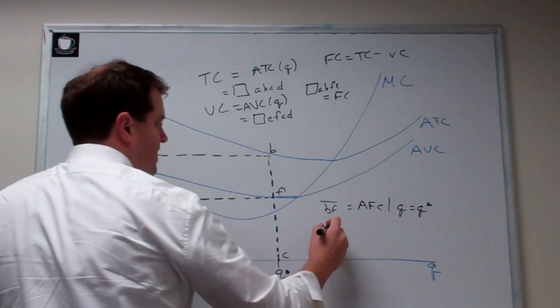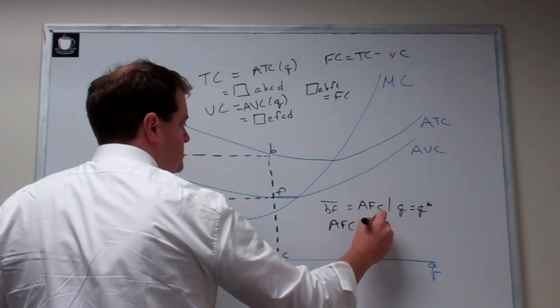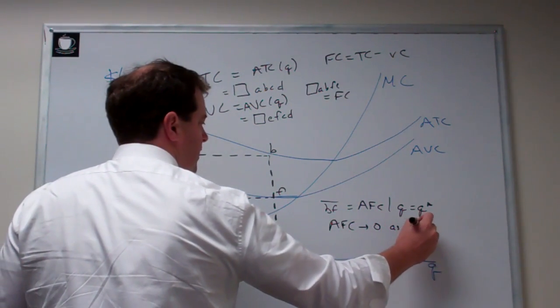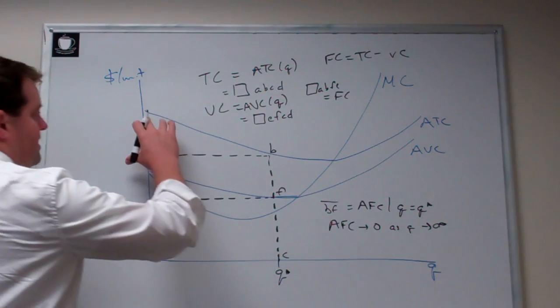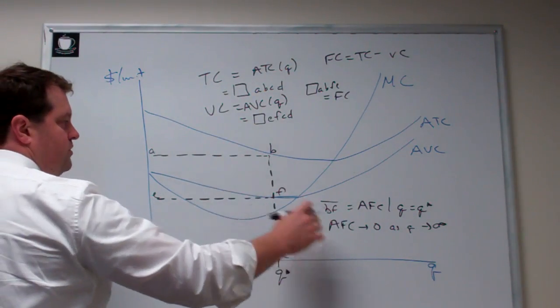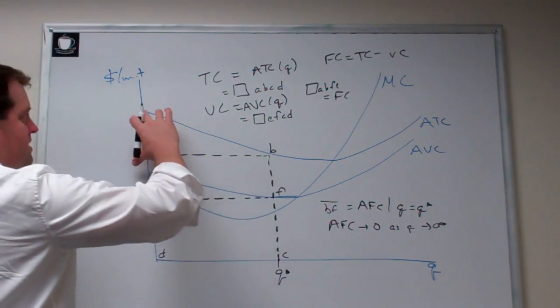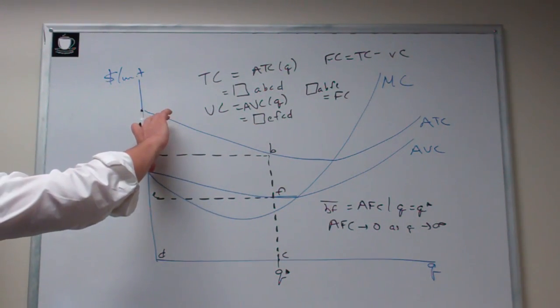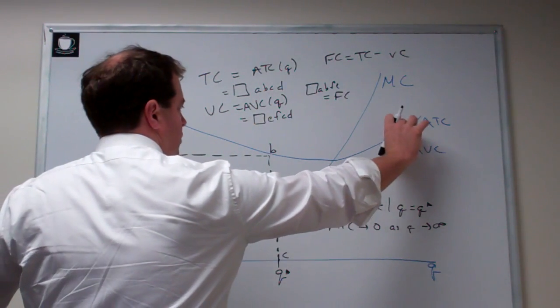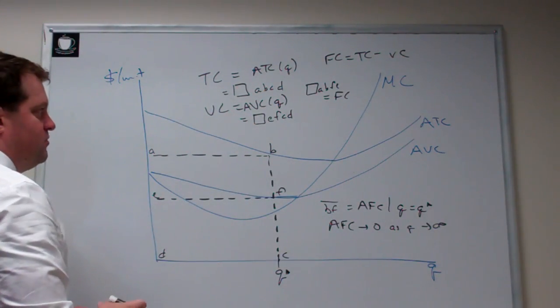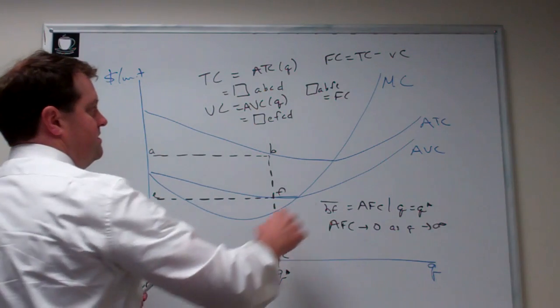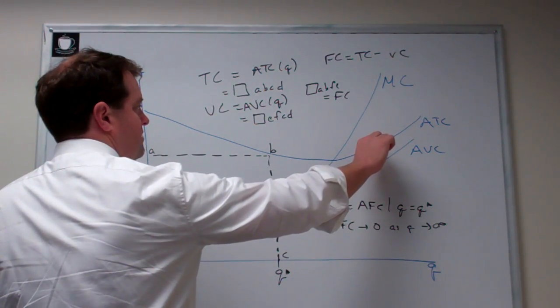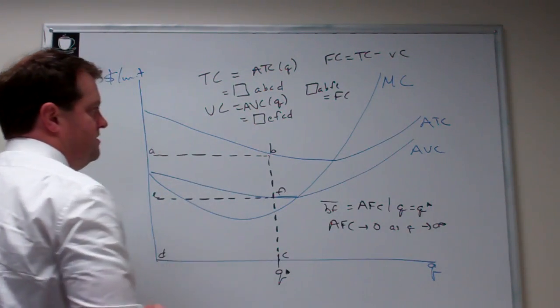That should make perfect sense. Average fixed cost approaches 0 as output approaches infinity. And our graph here shows that actuality. At really low output levels, average fixed cost is large, and then as I produce more and more, average fixed cost gets really, really small. That vertical distance between the average total cost and average variable cost curves is nearing 0.